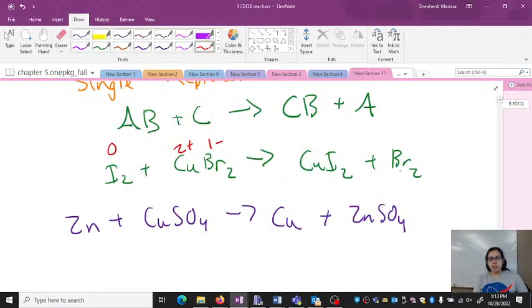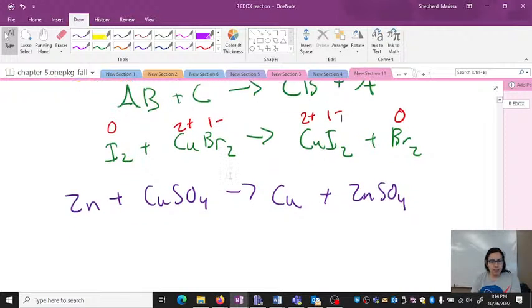And then in our products, we form elemental bromine again, so now that's 0. Copper is still 2+, so copper didn't change oxidation states in this case. And then iodine, what's iodine's new oxidation state? So -1. And so there you can see iodine is gaining electrons, bromine lost electrons, and copper is just hanging out in the 2+ state.